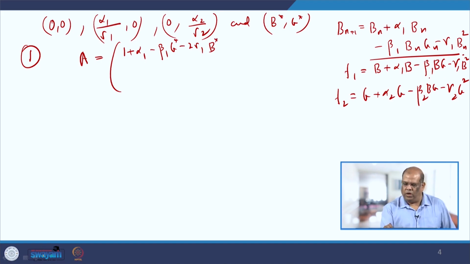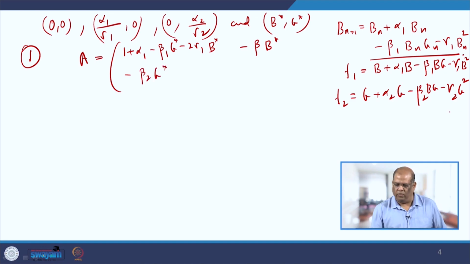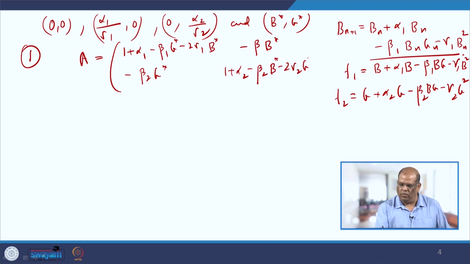With respect to g, this is minus beta 1 b star. This is again with respect to b, minus beta 2 g star, and then with respect to g, this will be 1 plus alpha 2 minus beta 2 b star minus 2 gamma 2 g star. So, this is the coefficient matrix at the equilibrium point B star and G star.